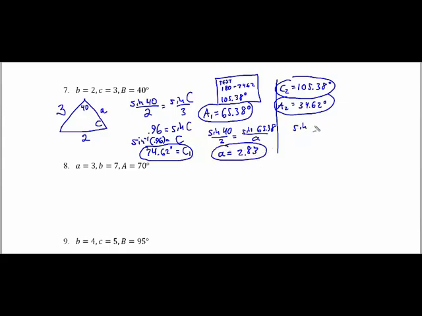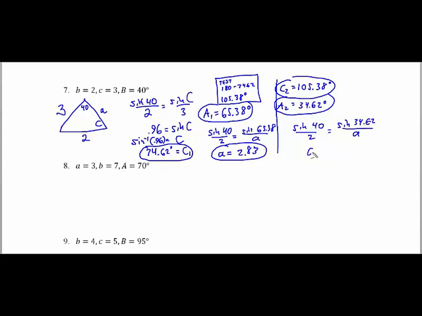Over here, I'm going to have the sine of 40 divided by 2, again starting out with what we're starting off with over here. And we're going to set that equal to the sine of 34.62 divided by A. So A times sine of 40 equals 2 times sine of 34.62, and then divide by sine of 40.